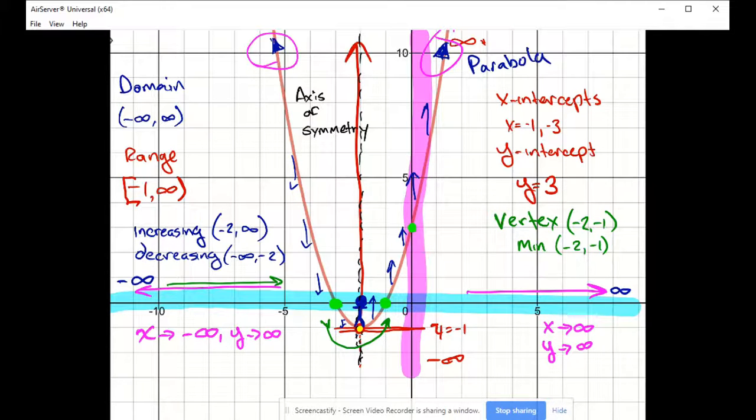What this line represents is a line of symmetry, where we could fold one side of the graph over on top of the other side, and they would mirror each other perfectly. And what this helps us with is, if I know that right here I've got a point that's 2 units away from my axis of symmetry, I also have a point that's 2 units away on the other side.